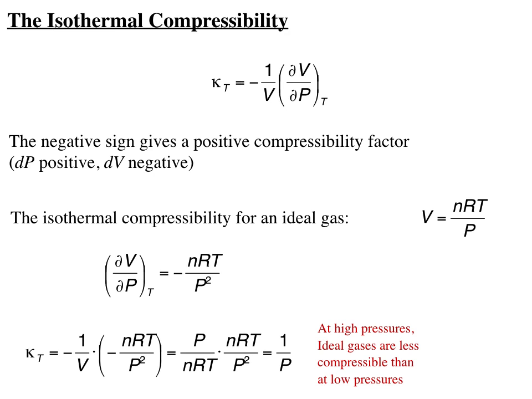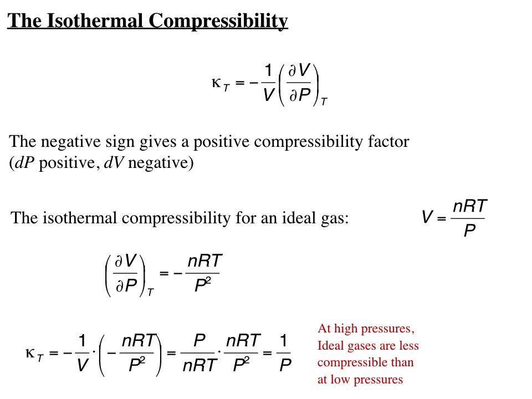Let's look at another thermodynamic observable that is commonly measured for materials, and it's called the isothermal compressibility. How squeezable the gas is, how its volume changes with pressure at conditions where the temperature is held fixed.